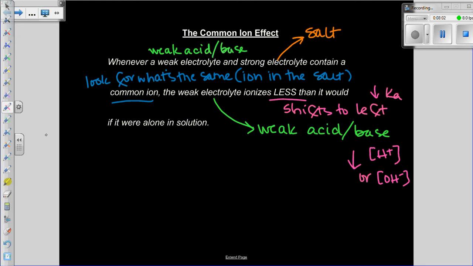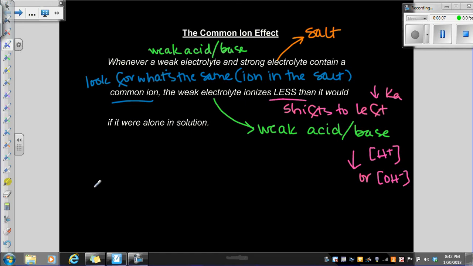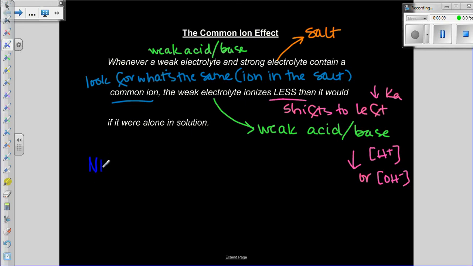So let me do another example. Let's say we've got ammonia, and we're going to have ammonia in water. You know ammonia is a weak base. It's going to accept a proton. We will get ammonium and hydroxide ion. So lots of this, just a little bit of this.